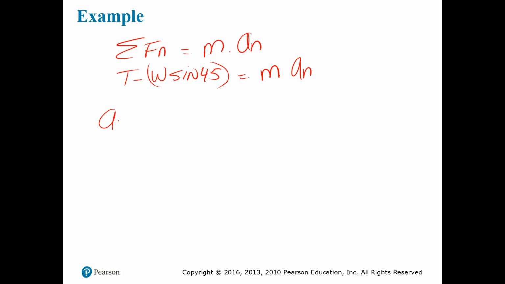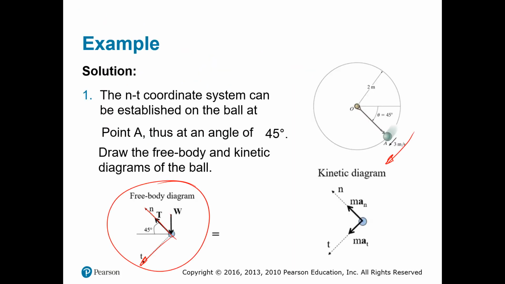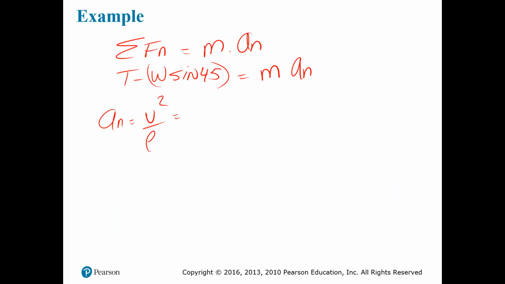Remember that a_n equals the speed squared divided by rho, which is the radius of curvature, and that is given right here. When I put those values in, I get 3 squared divided by 2, and that will give me a number.